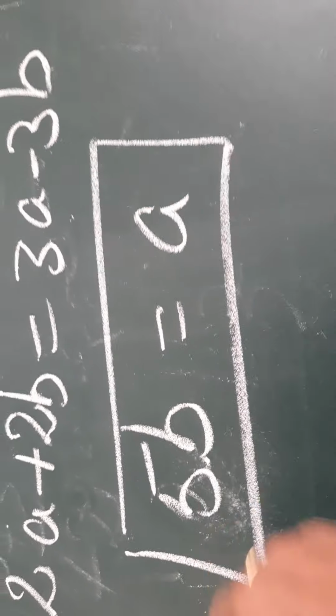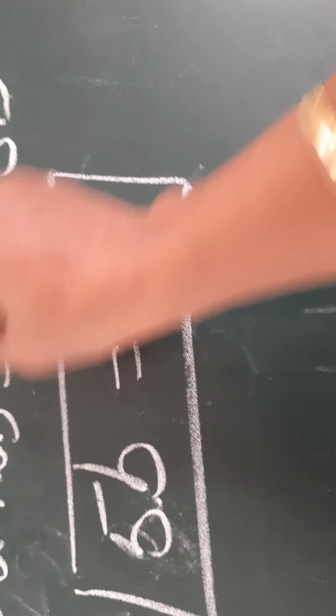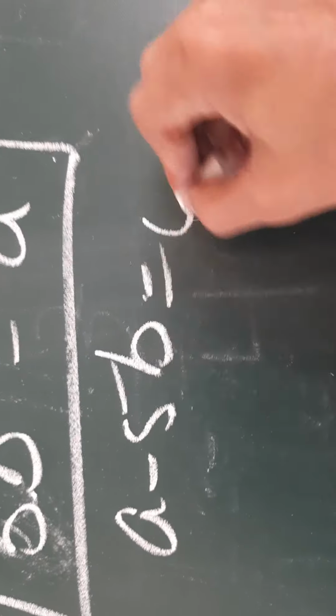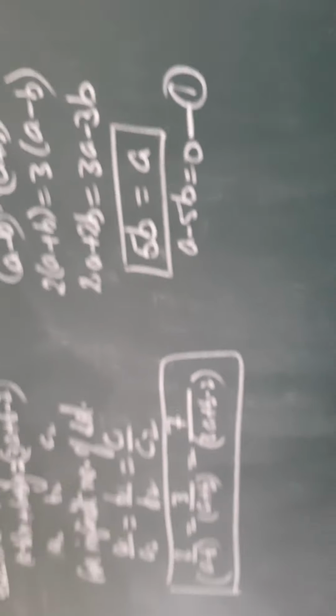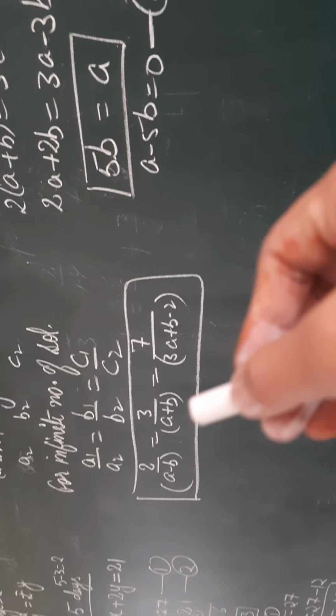In this way you'll get the first equation. You can keep it in this form, or you can write a minus 5b is equal to 0. This is the first equation which we have obtained by comparing the first two ratios.